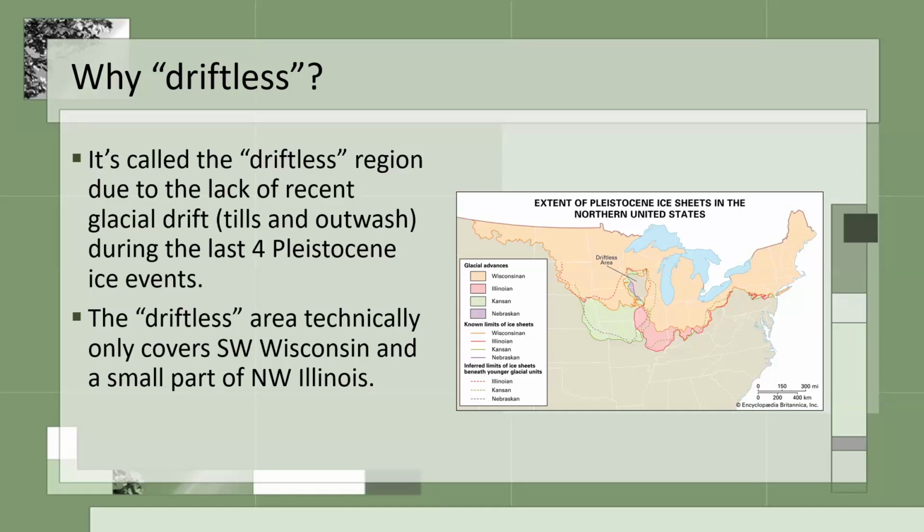So it didn't receive any, and there's been some talk about why this is. We think that some of the uplands that are there, the highlands in the UP and northern Wisconsin, sort of routed the fingers of the glacier. That's why the lakes are shaped that way.